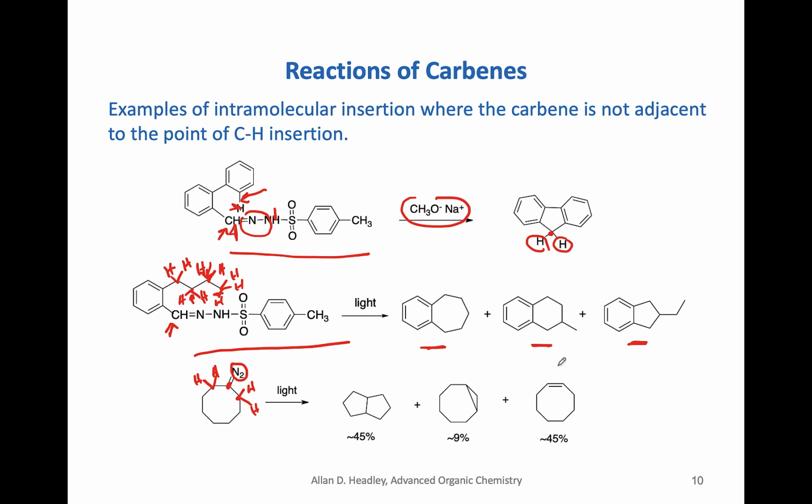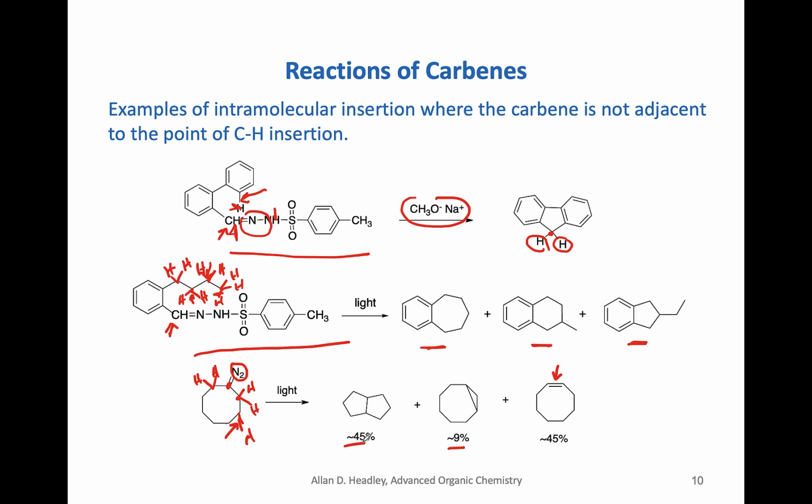So we have here the alkene, but it's possible to go over here. So here we have an insertion, so we get this as a product. And of course, same thing can happen here, so we have that as a product. So you should be able to predict the products that are formed based on the carbene intermediate that's possible.